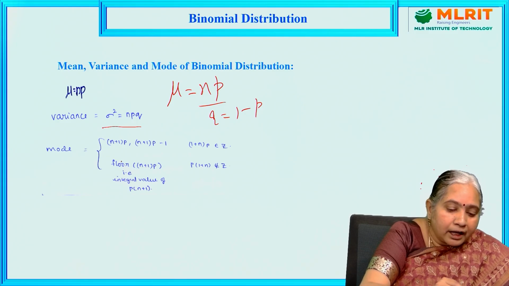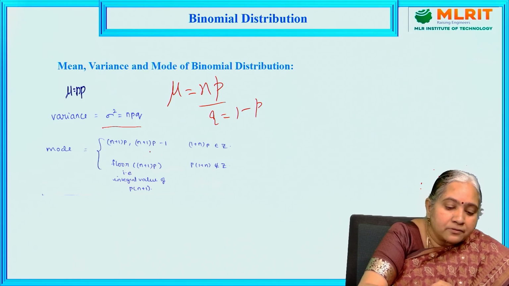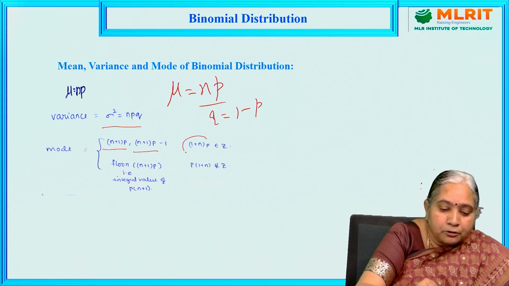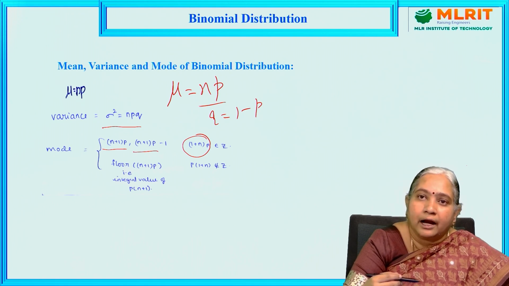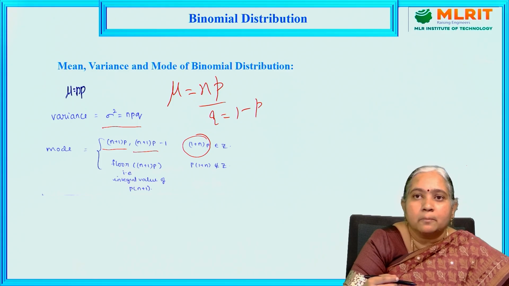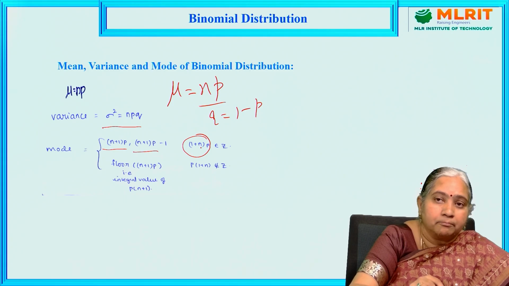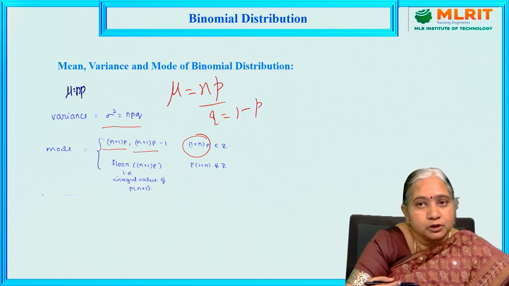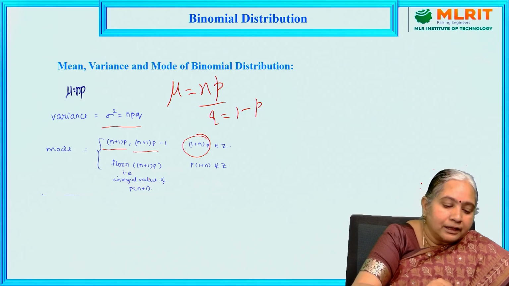Here mode is defined in two ways, that is n plus 1 into p and n plus 1 into p minus 1. These are two modes. If n plus 1 into p belongs to z, if it is an integer, then it takes two modes, that is n plus 1 into p and n plus 1 into p minus 1. So it is a bimodal distribution. Suppose it does not belong to z, that is, it is not an integer, then we take the integral part of n plus 1 into p.